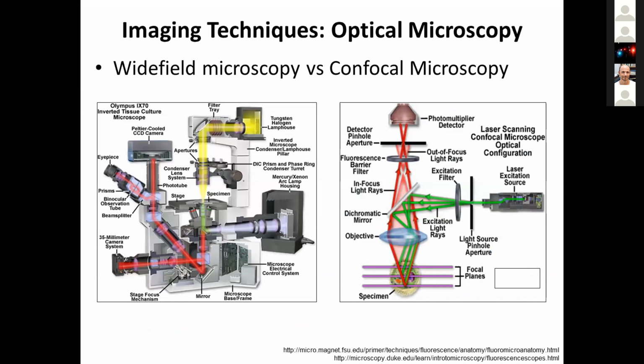So when we compare wide field microscopy versus confocal microscopy, for the wide field, we use a source of light that can be a halogen or a mercury arc lamp, and we shine the light onto a dichroic mirror that reflects the light, and then a filter selects the wavelength that we want to use to excite our sample.